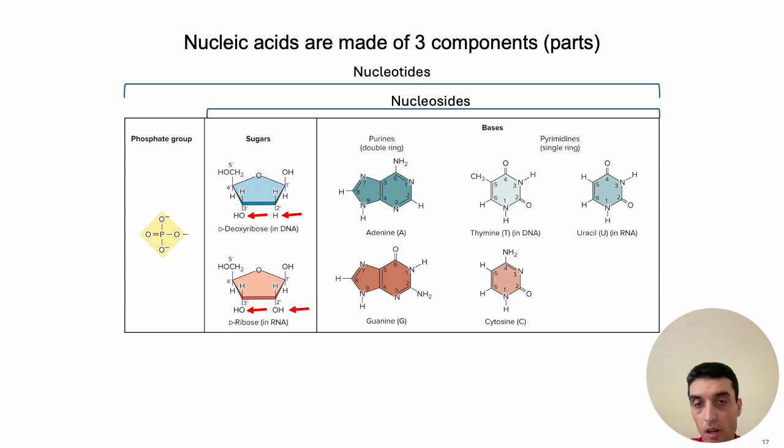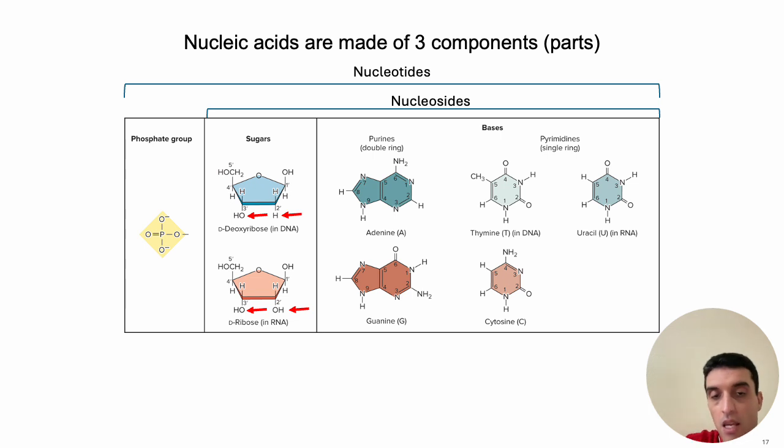Other things that are very similar: DNA and RNA both have 3 components. They have a phosphate group, a sugar, and a base. The grouping of these 3 becomes a nucleotide, and the grouping of sugar with a base is a nucleoside. Okay?